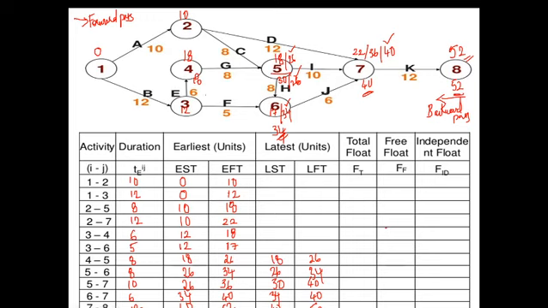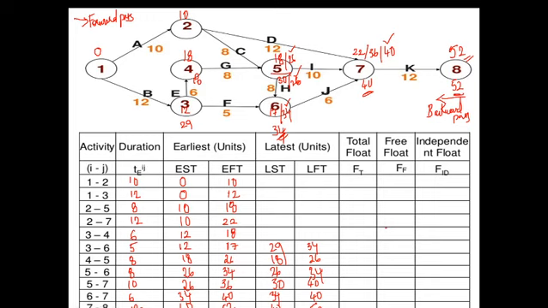Backward pass calculation. Now activity 3 to 6. On 3 to 6 it is how much? 34. 34 minus 5, how much is it? 29. We need to write 34 and 29 over here. So on 3 I will write 29. Next, activity 3 to 4.